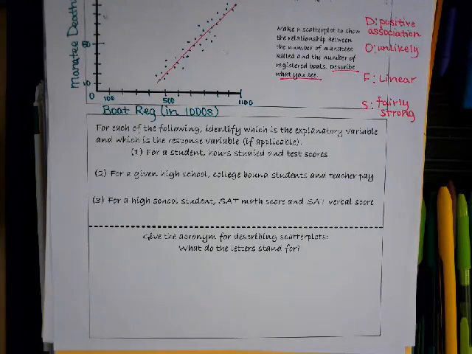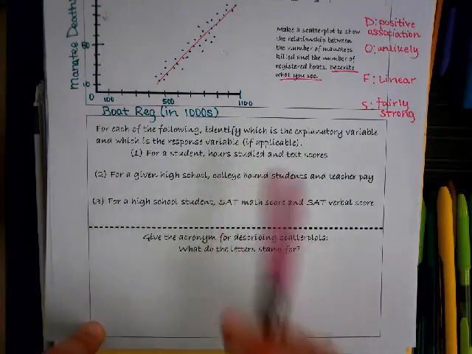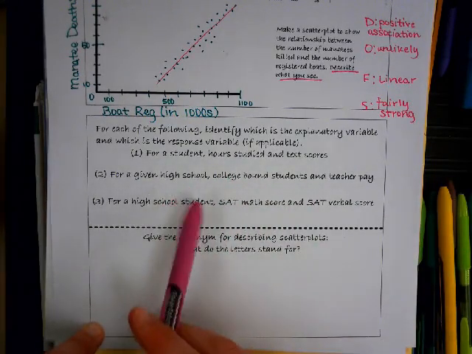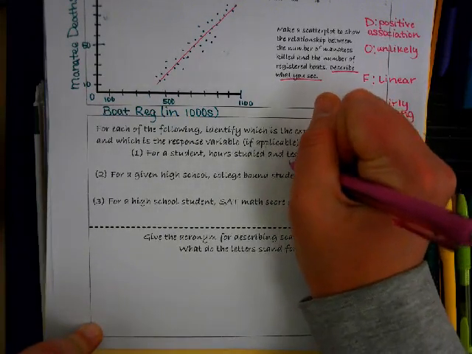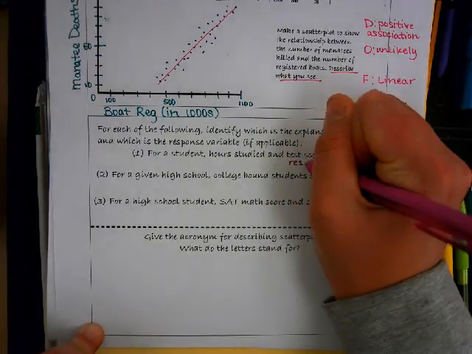Since I used that as my example for a positive association, I kind of gave it away. I said as the hours studied increases, test scores go up. So the test scores are the response, which means that the hours studied is explanatory.